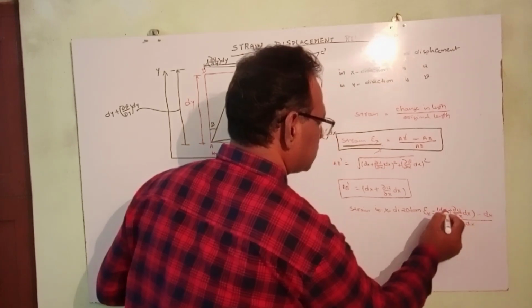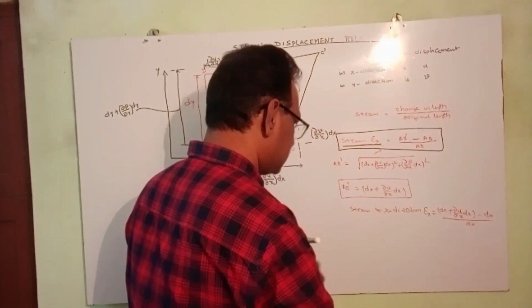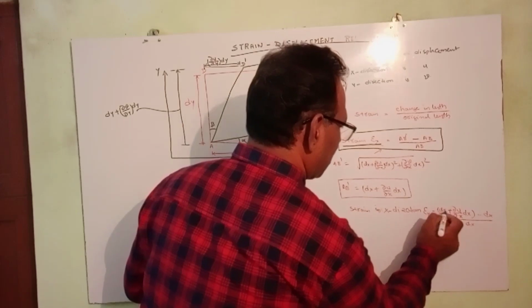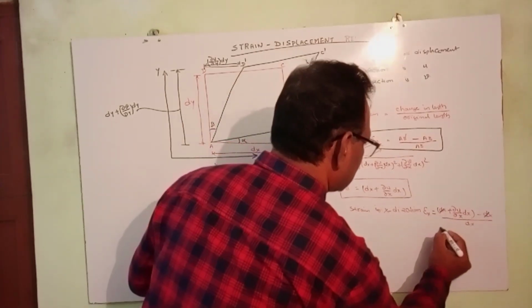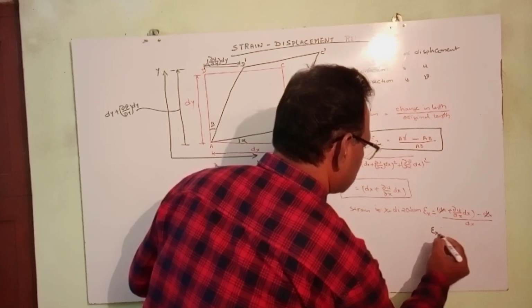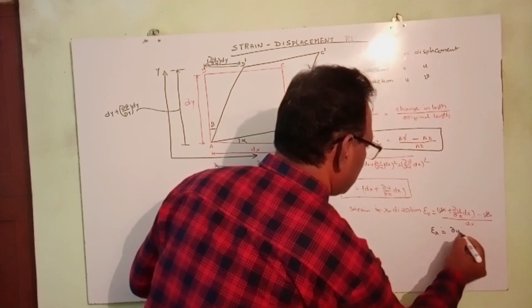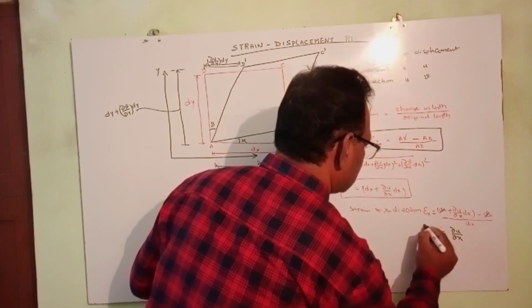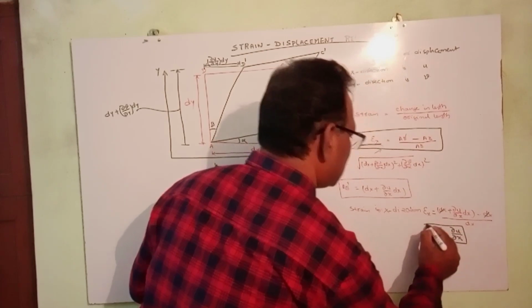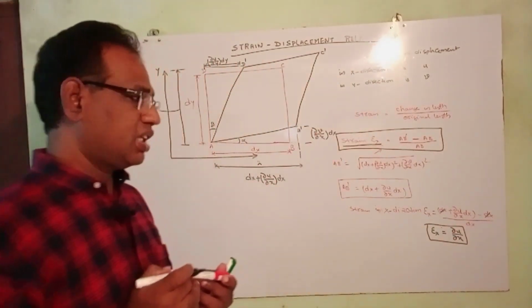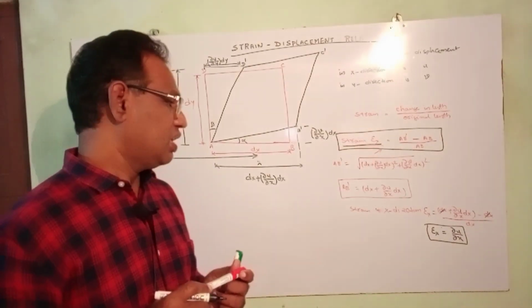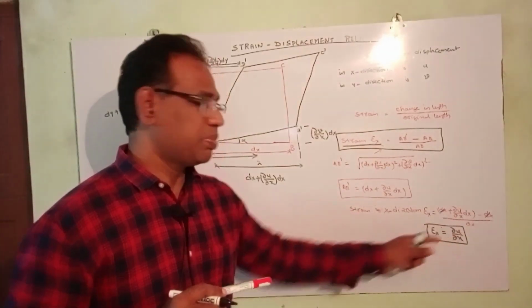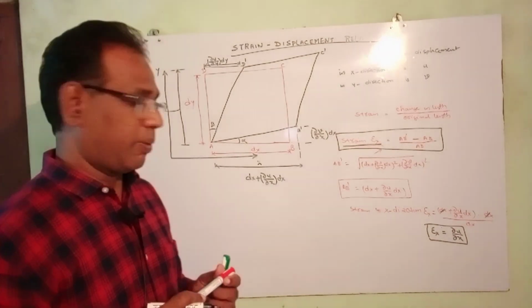If we simplify, this particular term will be cancelled, and after the simplification again it will be cancelled. Epsilon x equals ∂u/∂x. Here u is the displacement in the x direction, and epsilon x is the strain in the x direction. This is the strain-displacement relationship in the x direction.